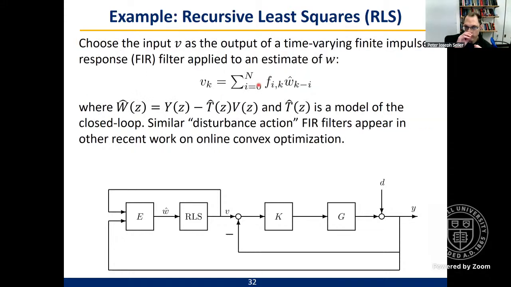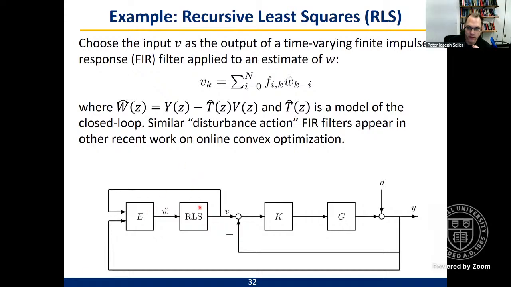Now, what we're going to put here for the recursive least squares, switching to time domain notation, is we're going to try to figure out what this signal should be. And we're just going to use an FIR filter. We're going to try to learn what these coefficients should be. We're going to estimate what that disturbance signal was, that W. Again, the W is what's left over after I've closed the initial loop. I'm going to try to estimate that.